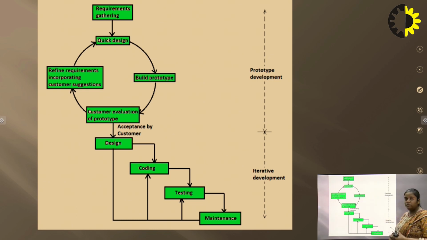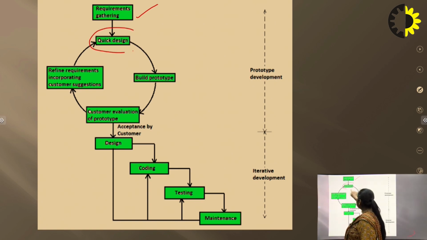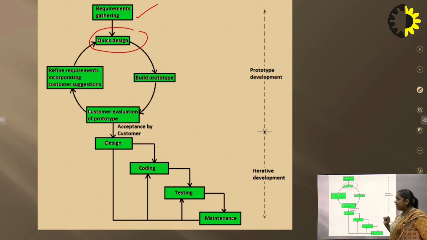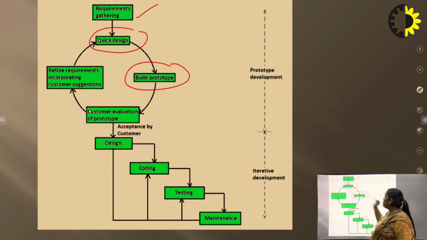As we can see with the help of the diagram, in the prototype model, first of all we start with the feasibility study and requirement gathering or requirement analysis. After collecting the requirement analysis from our client, the development team first builds a quick design, and with that quick design they build a prototype, or we can say a dummy kind of model.